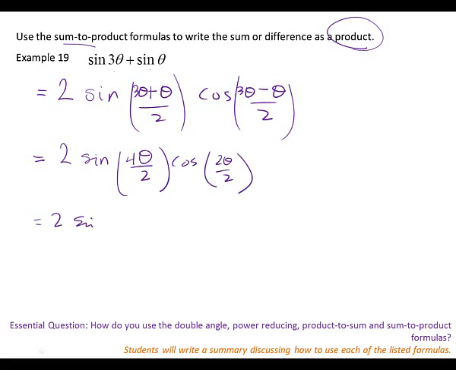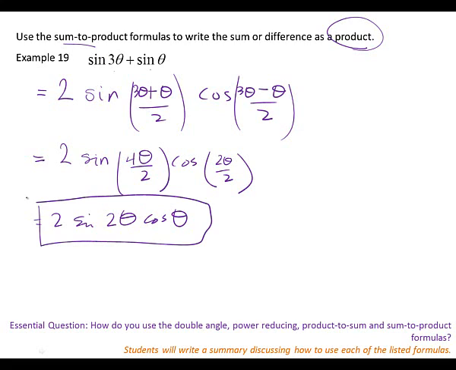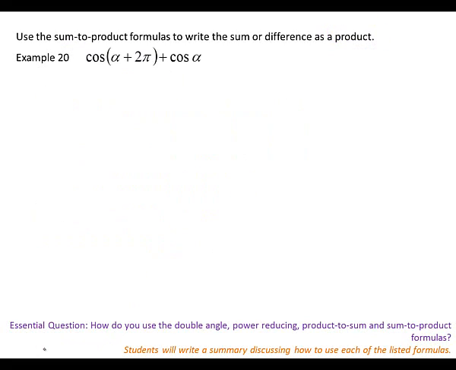Okay, so we've got 2 sine of what? 2 theta cosine of theta. Again, not really that bad, right? They looked horrible to begin with, but I think the sum to product and product to sum are probably, out of these groupings we've done the last couple of days, the easiest ones. They're the ones I like the best. Although I do like sine, cosine, sine, right? Because that's just fun to say.